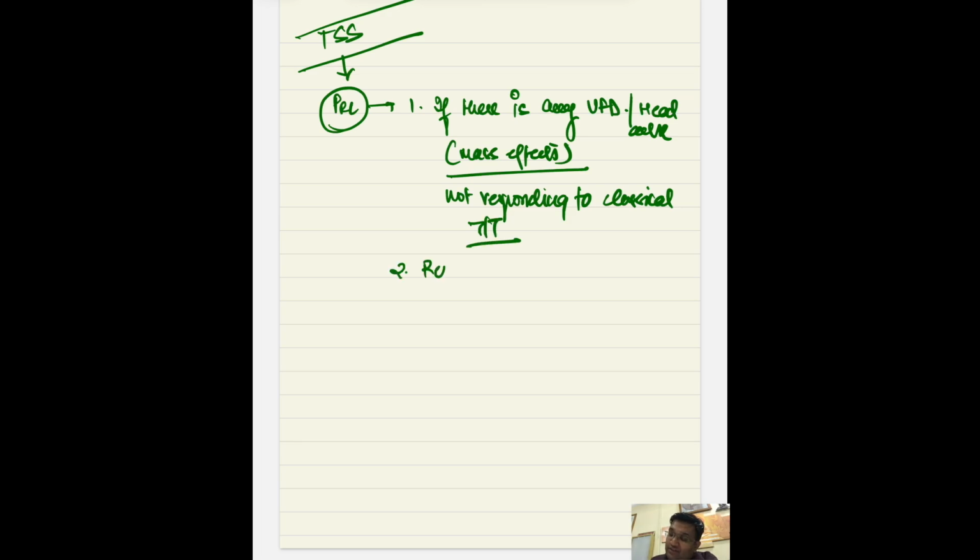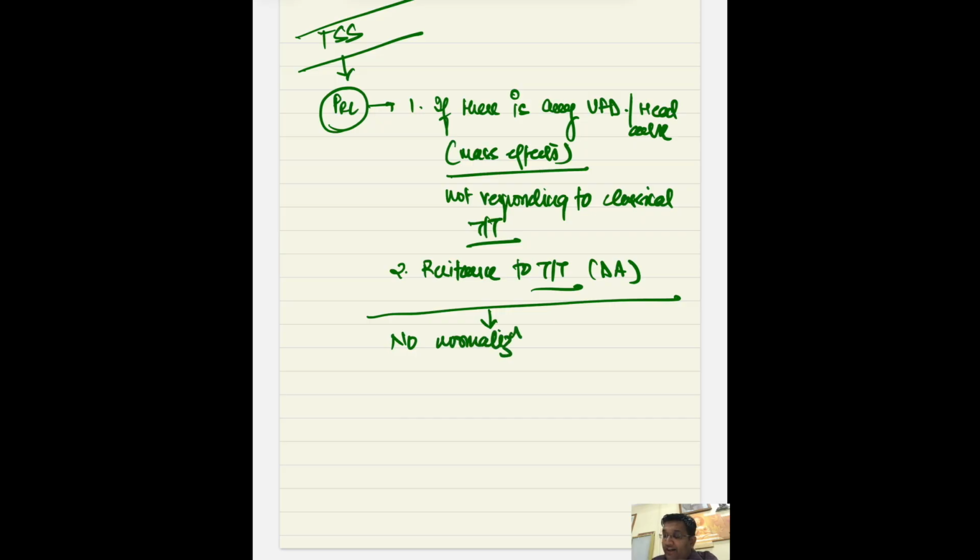Then there is resistance to treatment, resistance to dopaminergic agonist. When do you say that it is resistant? When there is no normalization of prolactin or less than 50% reduction in volume over 1 year.